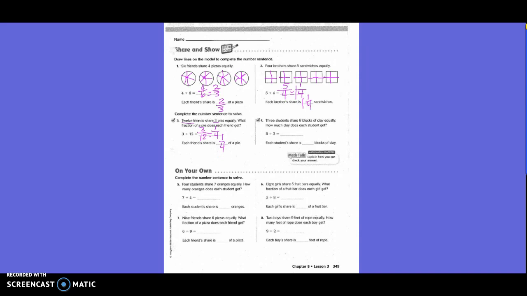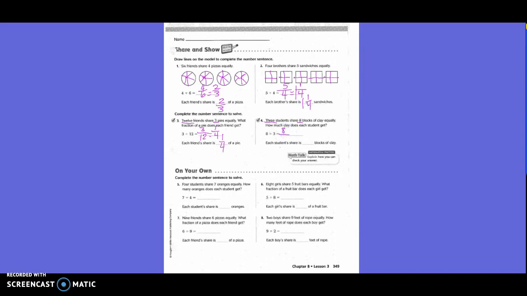3 students share 8 blocks of clay equally. How much clay does each student get? So 3 students, 8 blocks. And then how much does each student get? So how many total blocks were there? 8. And then they are dividing it amongst 3 friends. So we put what in the numerator? 8, which is the dividend. What would go in the house, right?